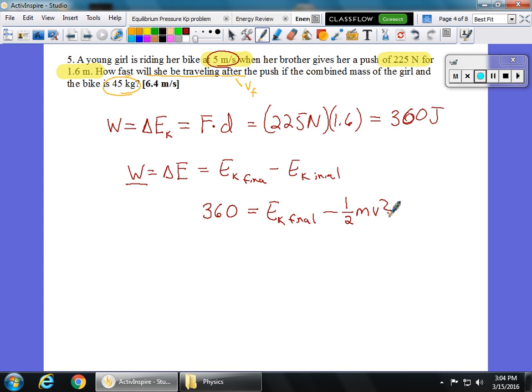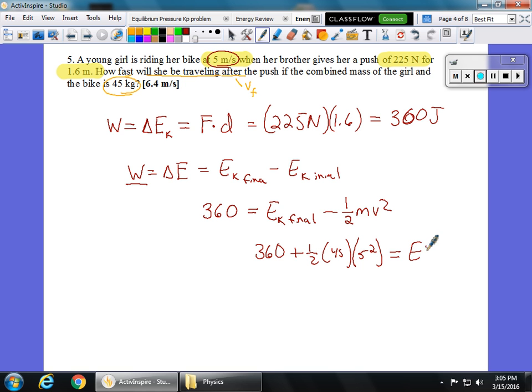I'm going to bring this to the other side. I'm going to add that to both sides: 360 plus her initial kinetic energy, which is 1/2 her mass of 45 times her initial velocity squared, which was 5 meters per second.